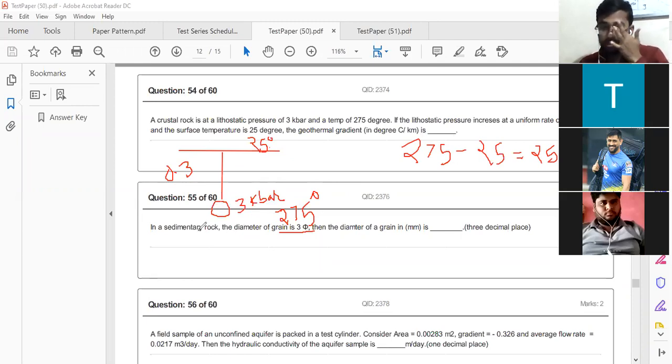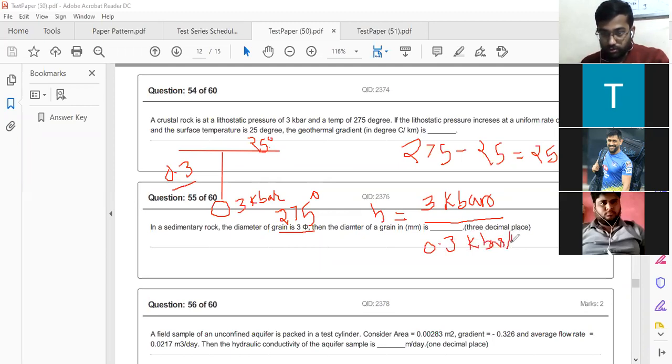Now you have temperature and total pressure, and the pressure gradient is given. So you can easily calculate depth from here. So 3 kilobar, and the pressure gradient is 0.3 kilobar per kilometer.